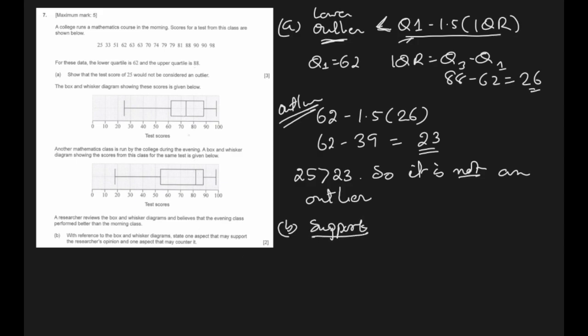We can see that the median is higher for evening classes.